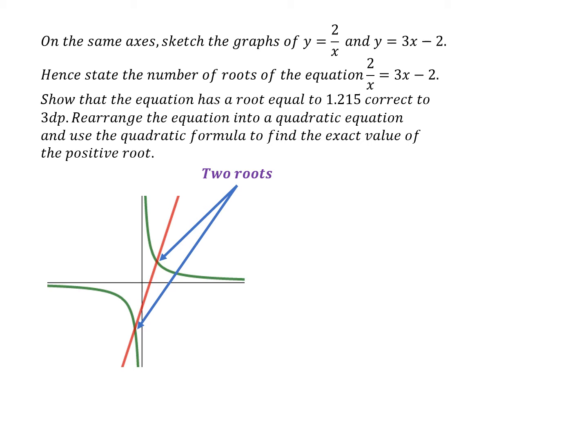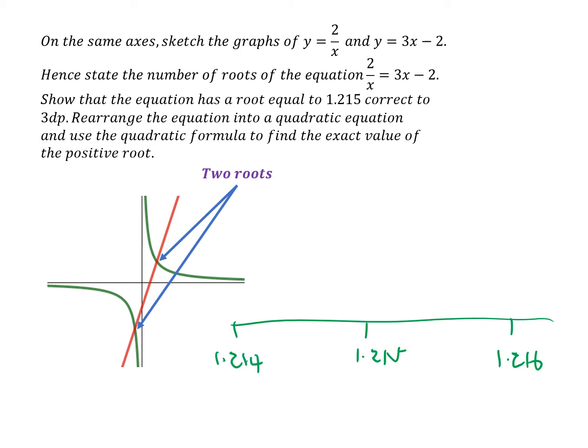So now we've got to show that the equation does have a root equal to 1.215 to 3 decimal places. So if we think about the number line, 1.215, the next number up the number line, which is correct to 3 decimal places, is 1.216, and the one before is 1.214.